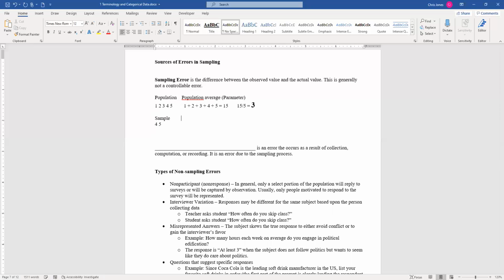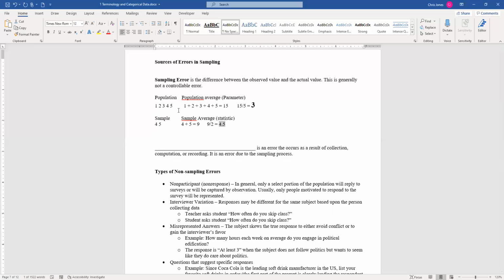However, the sample average, remember that's called a statistic, would be 4 plus 5, which is 9. And then 9 divided by 2, because there are 2 observations, would be 4.5.